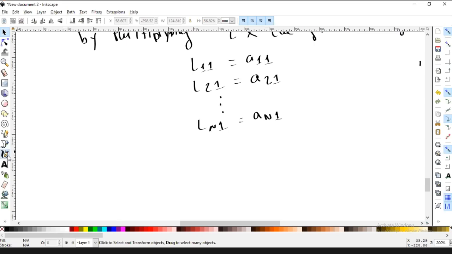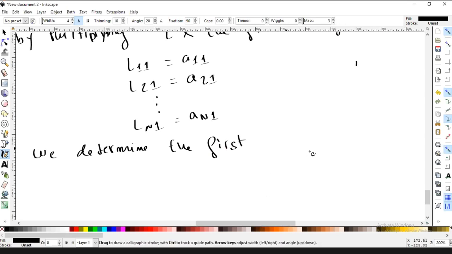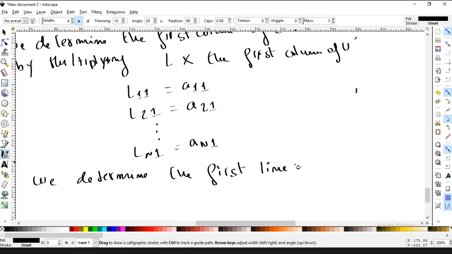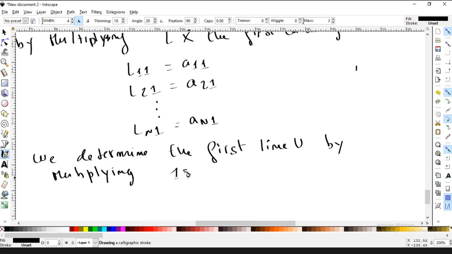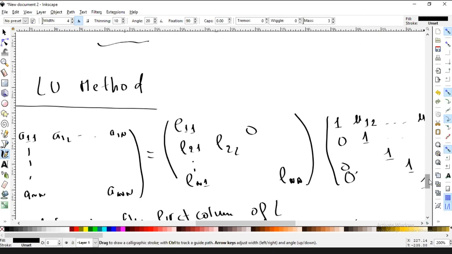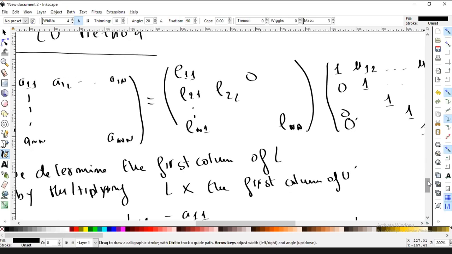Now we determine the first line of U by multiplying the first line of L by U. If you multiply this line by U, you get these elements.